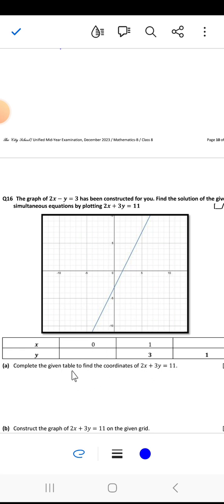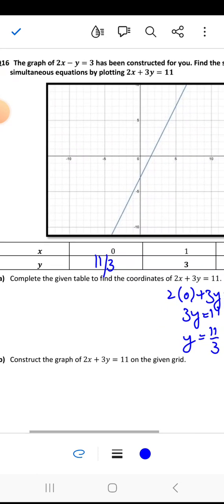First of all, when x is 0, it would be 2 into 0 plus 3y is equal to 11. So 3y would be 11 and y would be 11 by 3. So I can just write down 11 by 3. It's okay. If I need to draw it, I will not use this point.